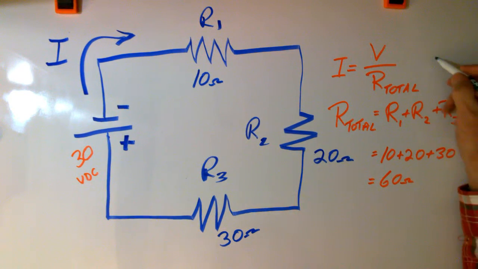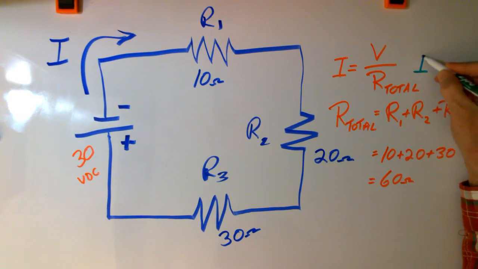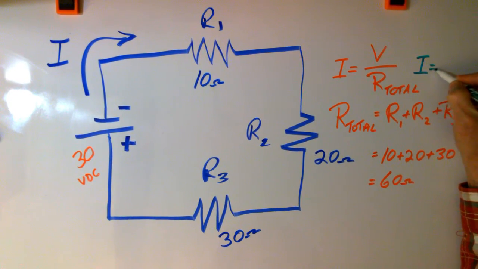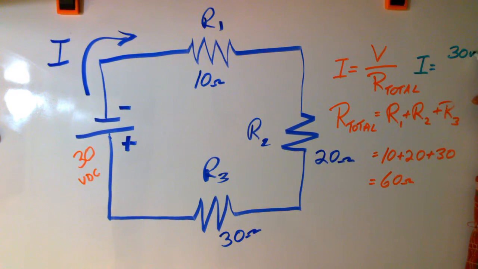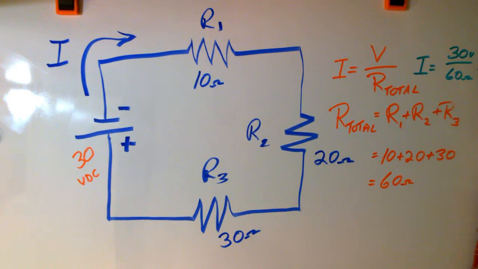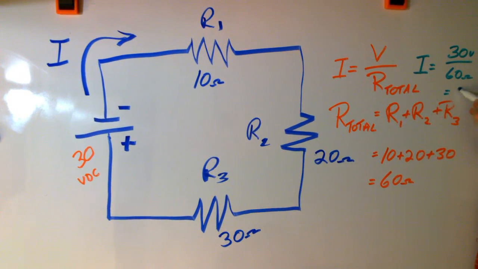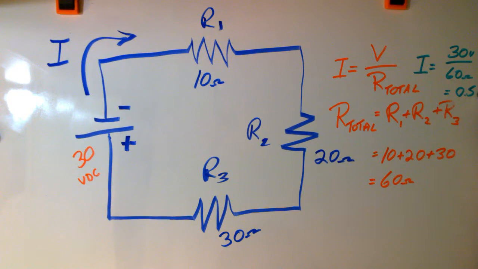What we can see is that the current flowing in this particular circuit is equal to the voltage, which is 30 volts, divided by the resistance, which is 60 ohms, and that will be 0.5 amperes.